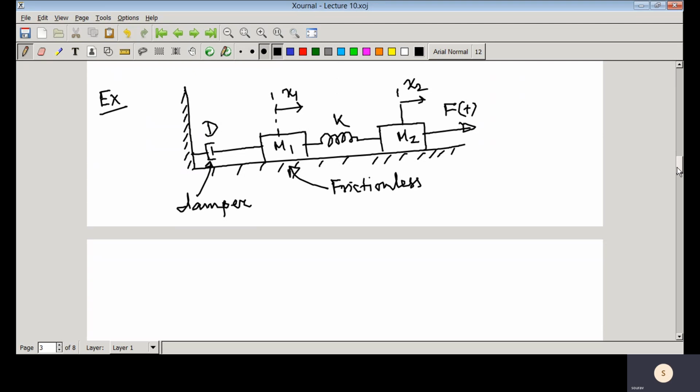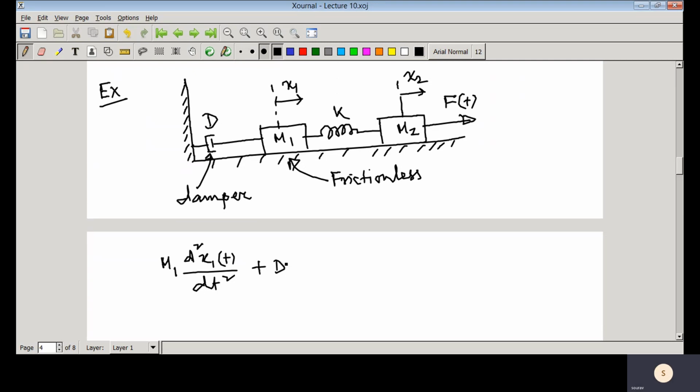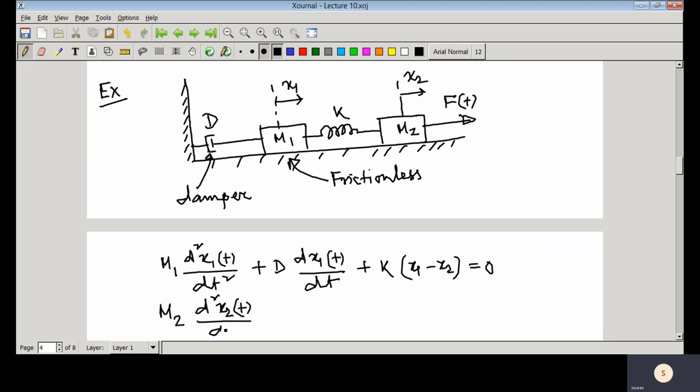And here for the first mass, the dynamical equation would be m1 d2x1(t)/dt2, then the damping force, directly proportional to the velocity, and the force due to the spring. So this is the first equation. You can draw the free body diagram, and from there directly you can write it. Then for the other mass, this is the dynamical equation.